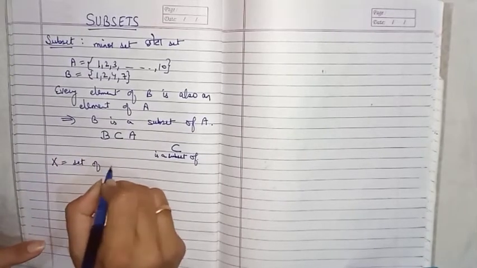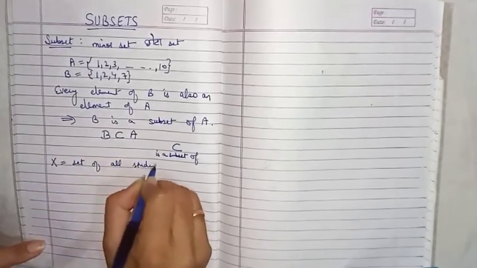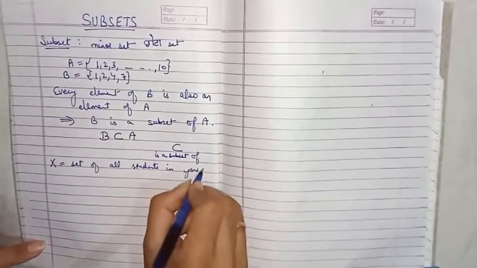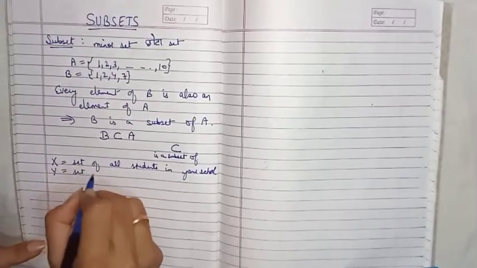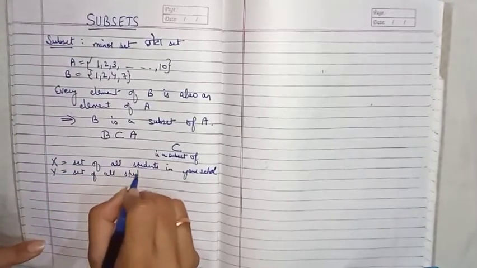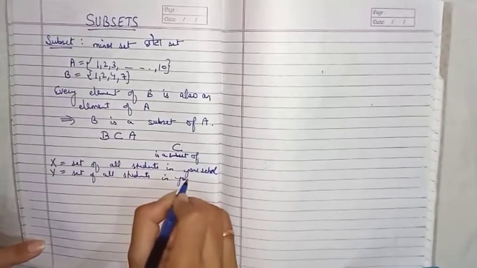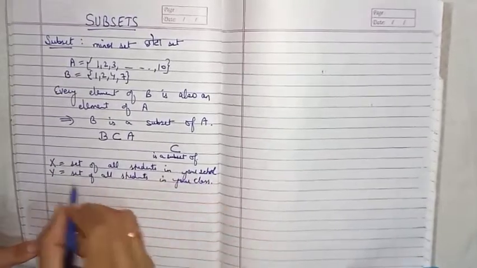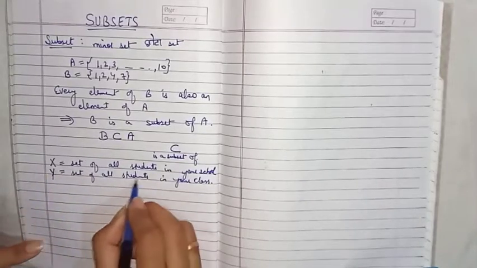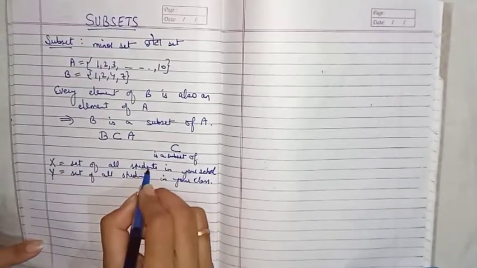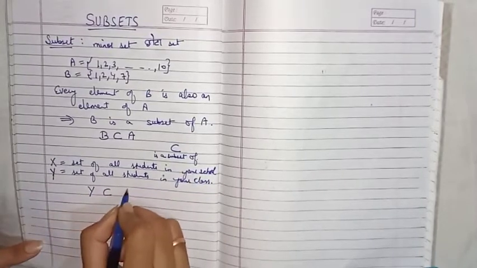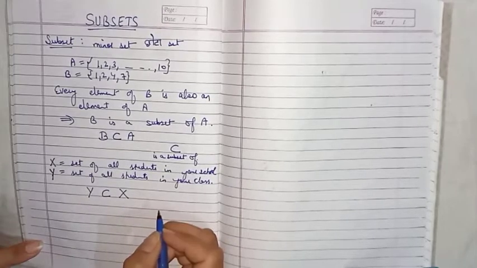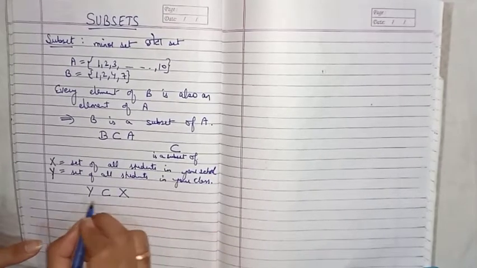Consider the set X as the set of all students in your school, and set Y as the set of all students in your class. Now I can easily say that every student from your class is also a student in your school. So I can say that Y is a subset of X.